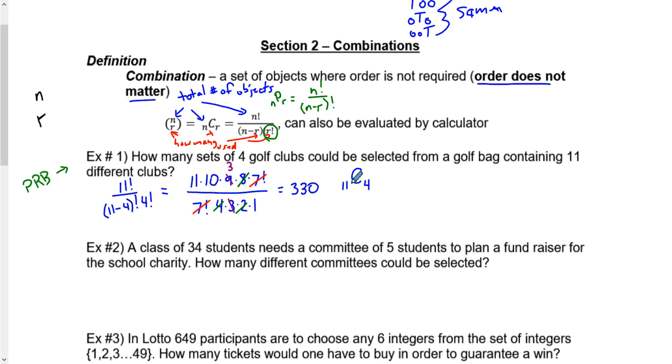So I type in 11, I press my PRB button, I scroll over to my nCr, press enter or equals, and then I type in 4, and I still get 330.